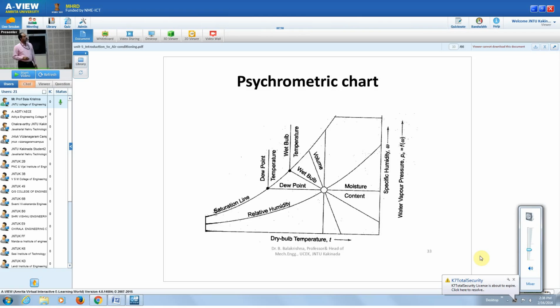Next, then the psychrometric chart. You have already seen psychrometry, right? Then the psychrometric terms also you have seen. Then this is the psychrometric chart.